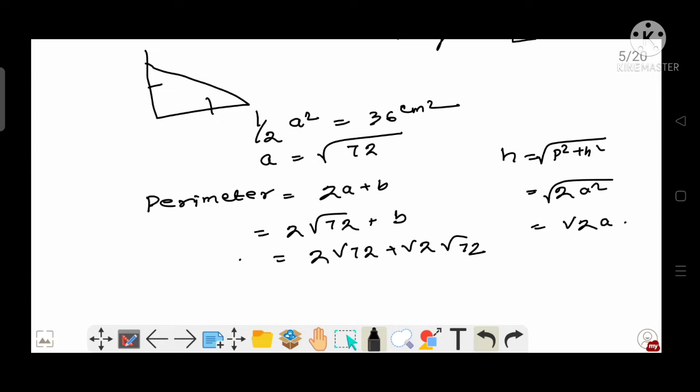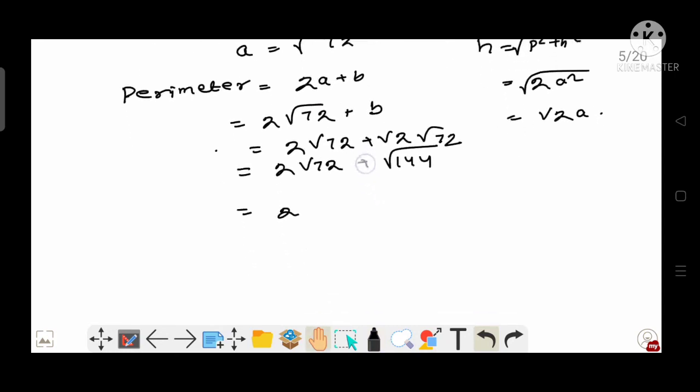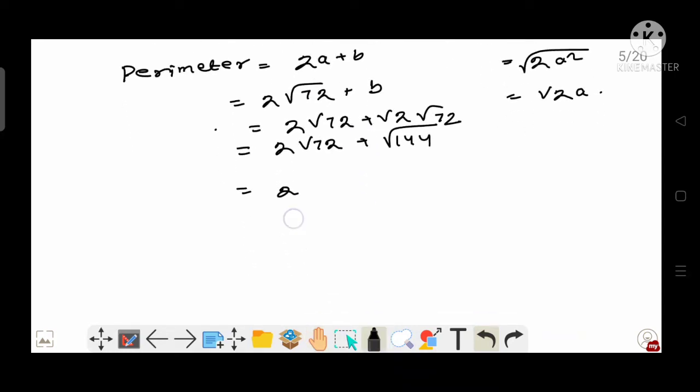Okay, this equals 2 root 72 plus root of 2 into 72, which is root 144. 2 root 72 is 2 into 6 root 2, plus 12, isn't it?